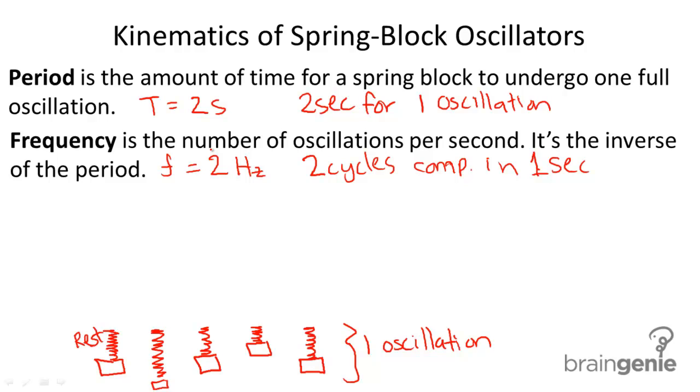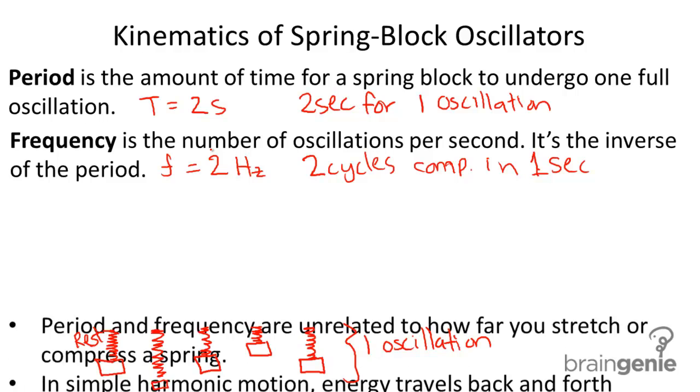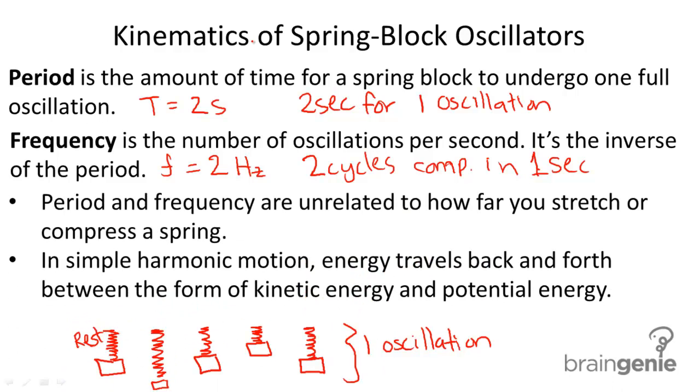All right, so a couple of key characteristics about spring block oscillators and frequency and period again. Frequency and period are unrelated to how far you stretch the spring. So I could pull the spring down 10 feet and then let it go, or I could compress it to the very top, compress it 10 feet.